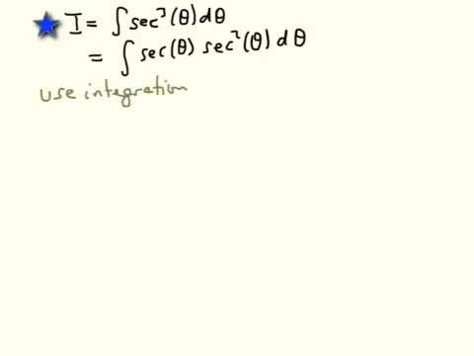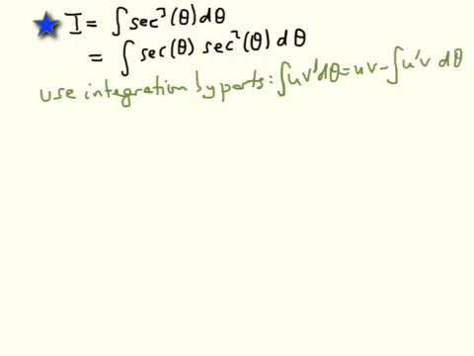And the integration by parts formula is that the integral of u v prime with respect to theta is uv minus a different integral, the integral of u prime times v with respect to the same variable, in this case theta.